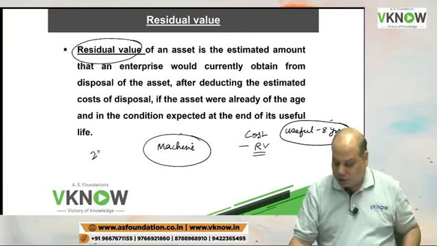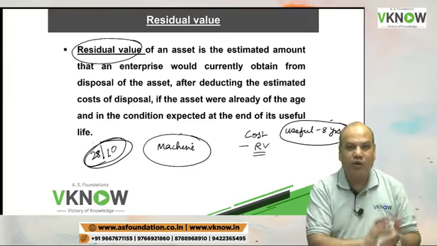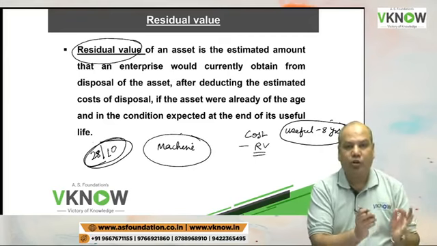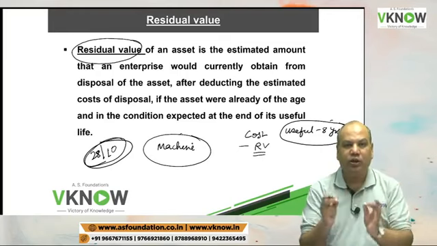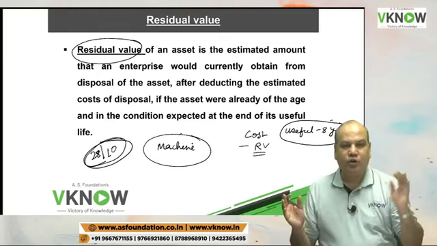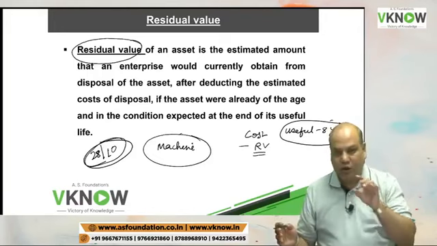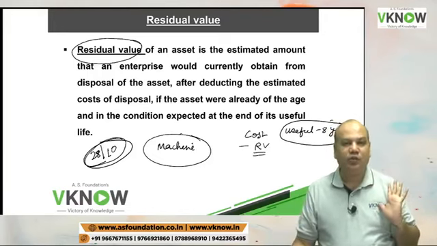Let us say today the date is, for example, 28th October. I will check from the market the value of a similar 8-year-old machine, and that will become my residual value.